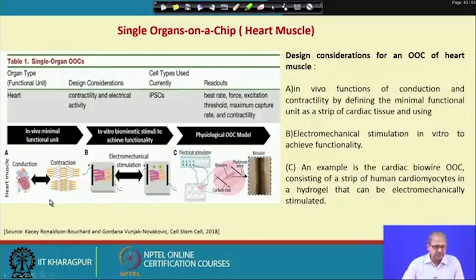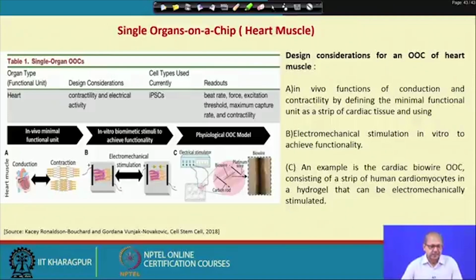So, here the minimum functional unit is a bundle of contractile fibers, or you can say myocytes, which means that when contraction occurs, it generates force, and that force is aggregated to make the heart beat.